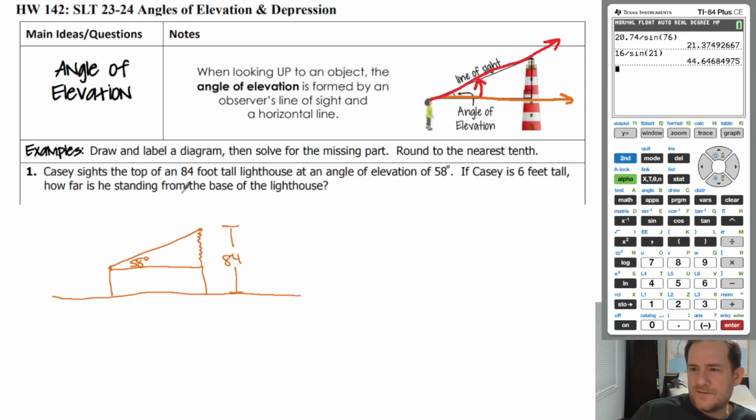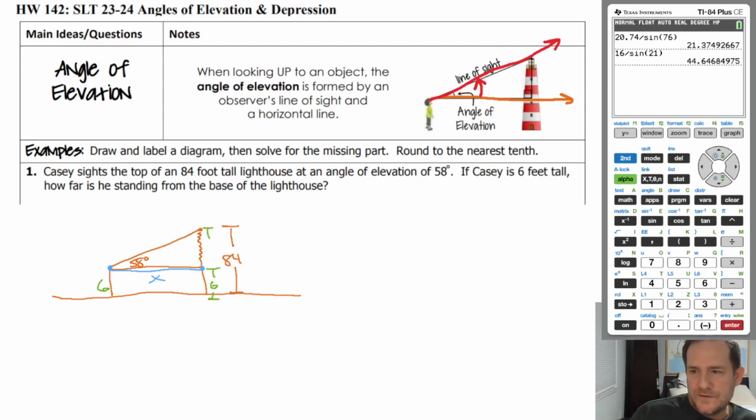So, how far is he standing from the base of the lighthouse? This blue segment is what we have to solve for. We'll call that x. Let's not forget that they told us Casey is 6 feet tall. That means if the angle of elevation is happening up at the top, then that's 6 feet we can take away from the 84.